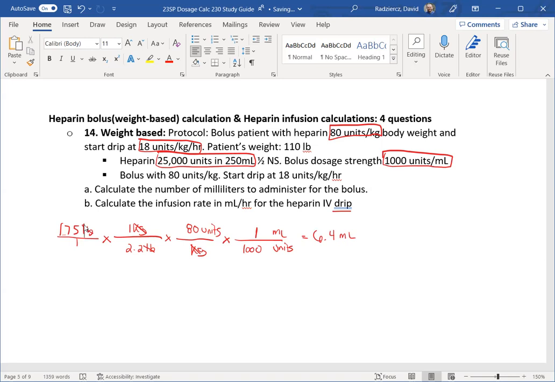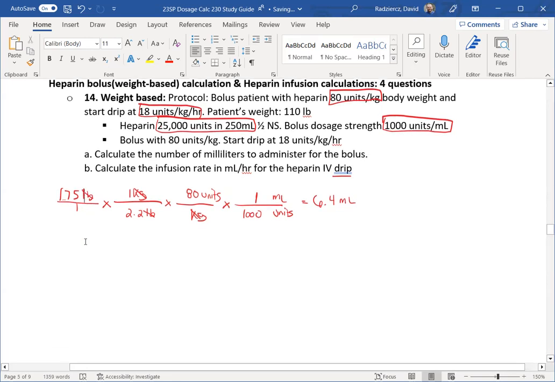I'm going to do a similar process for the infusion. So again, same patient, same weight.